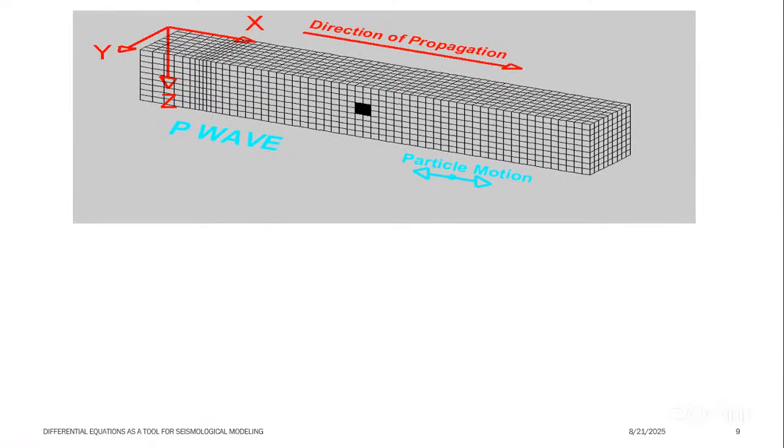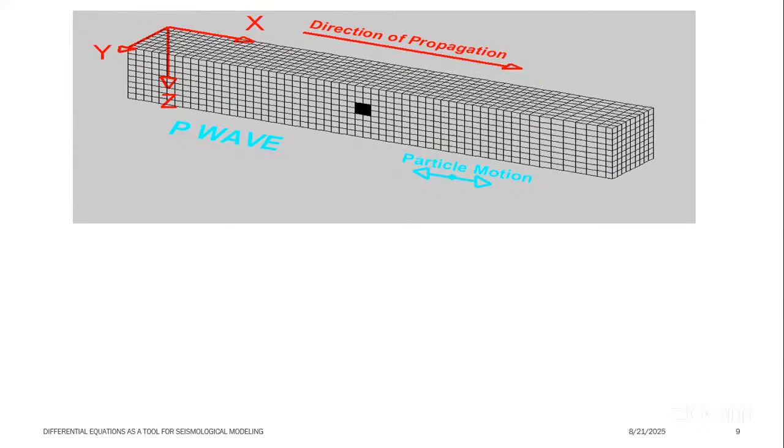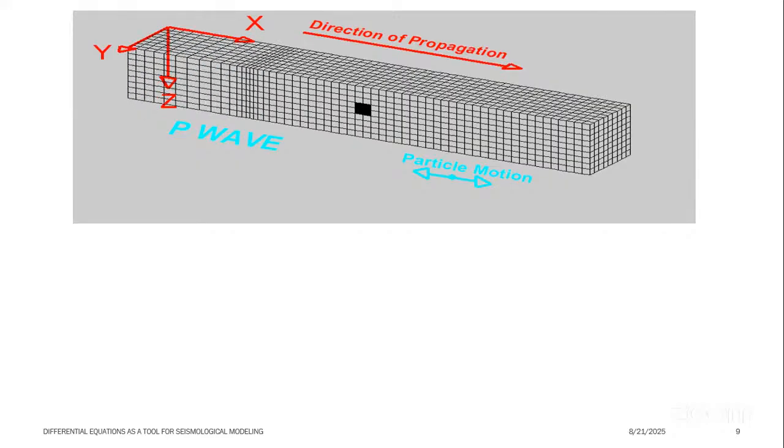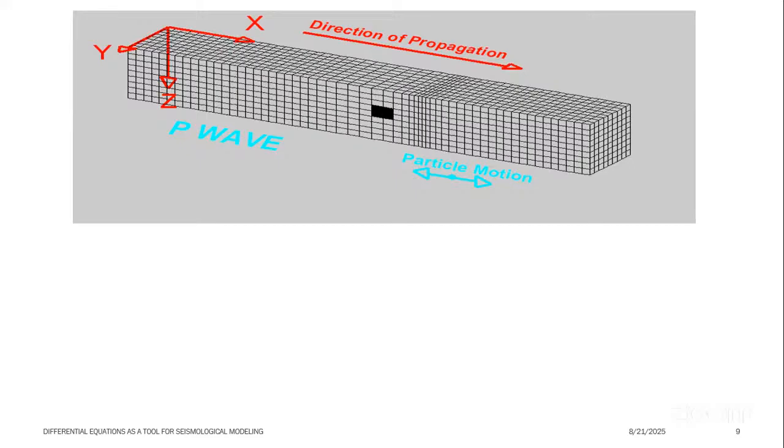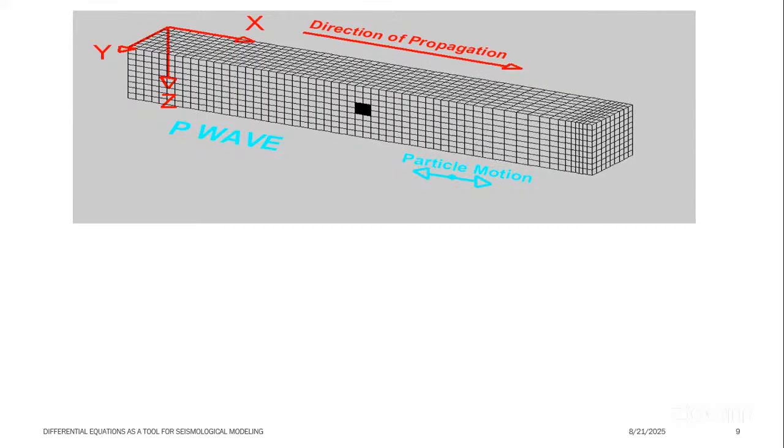So what we have seen is that body waves are of two types, P wave and S wave. Here we are going to discuss briefly the fundamentals. What does the P wave mean? It's the primary wave, and it is longitudinal in nature. Longitudinal means the particle is moving back and forth in the direction of wave propagation.